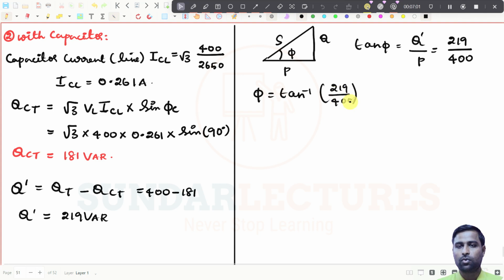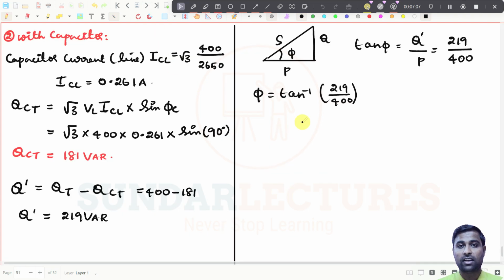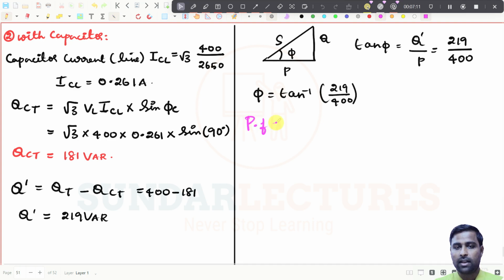What is the question they have asked? They are asking you to find the power factor angle. So what is the power factor value? I can straight away write power factor is equal to cos phi, right? So cos of tan inverse of 219 divided by 400.